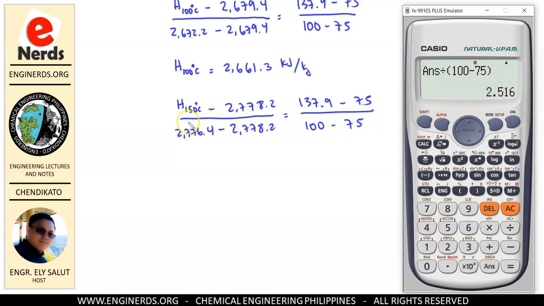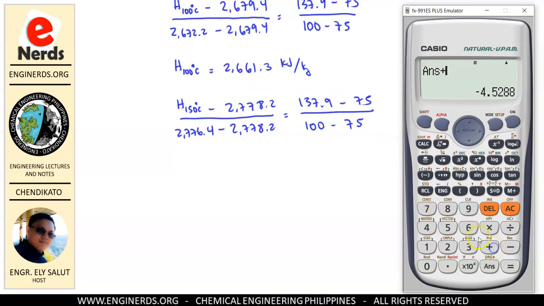So, we're going to multiply that here because we're going to transpose that sa right side ng ating equation. So, we have 2,776.4 minus 2,778.2. We have negative 4.5288. But we have 2,778.2 here. We're going to transpose that sa right side ng ating equation.